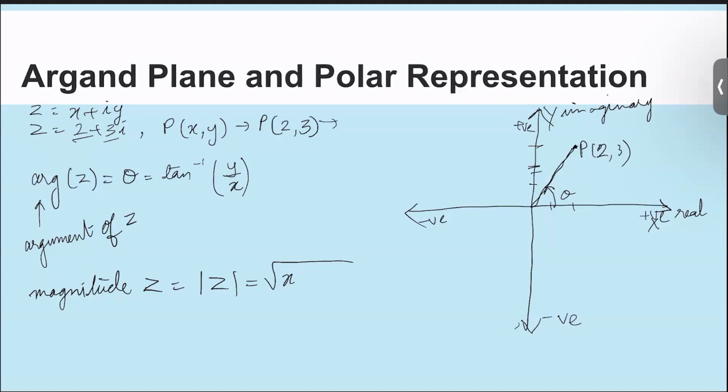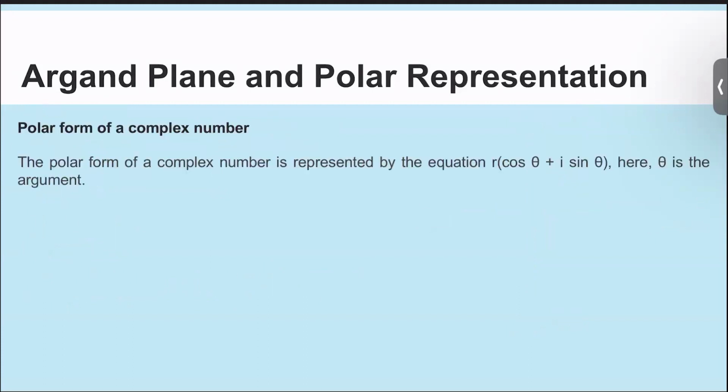Similarly, this would be the square root of x squared plus y squared. So this is the magnitude of z and this is the argument of z, theta.